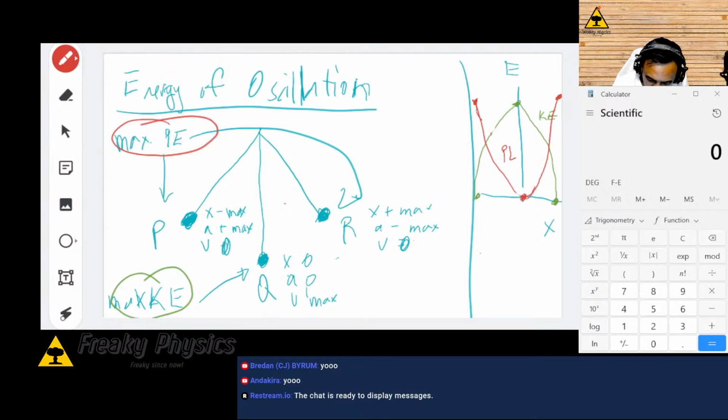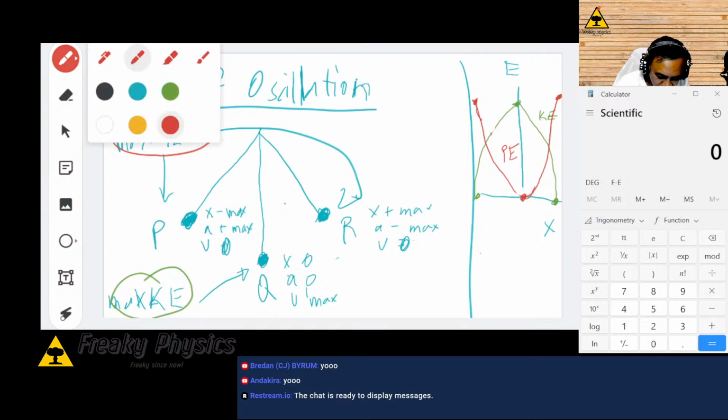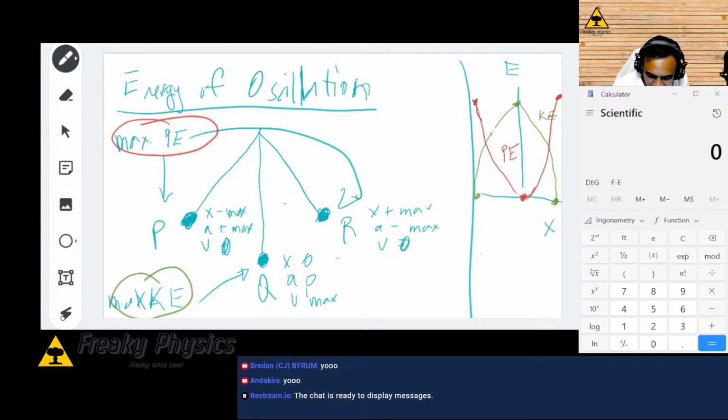Does total energy change? Again, let's assume ideal conditions. No, it doesn't, so the graph would look like this for total energy. For a simple harmonic oscillator, this will always be how the graph looks.